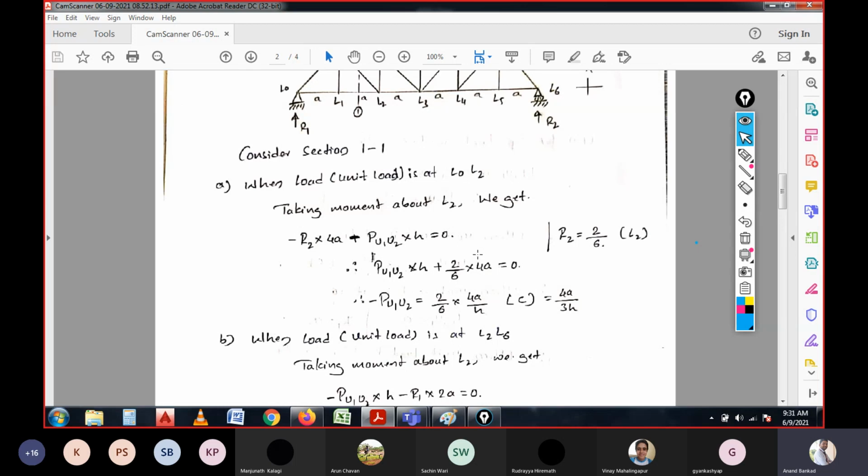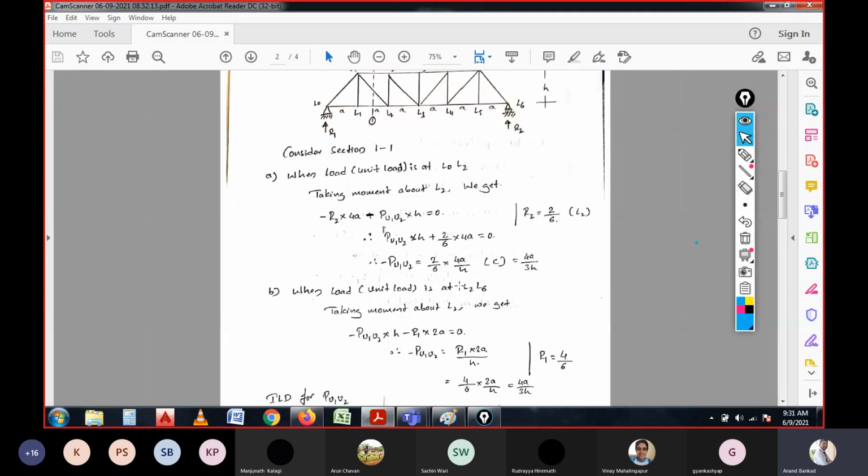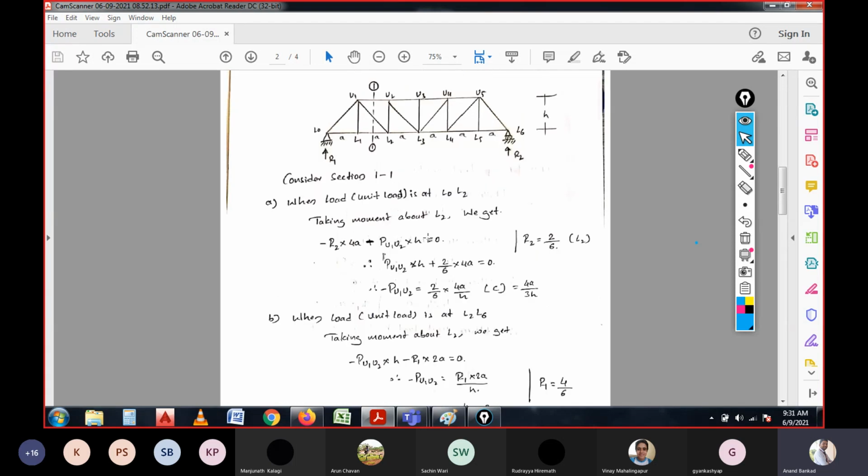And now at this point, the load may be considered on the spans. If the load is in the span between L2 and L6, then P U1 U2 into h and R1. What is the reaction of R1 here?